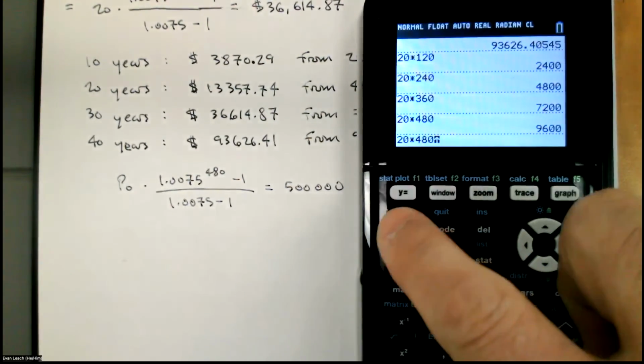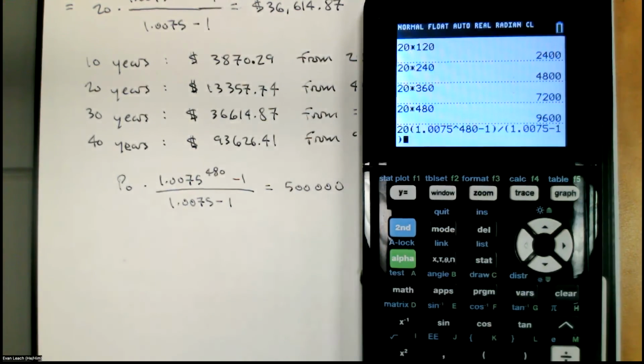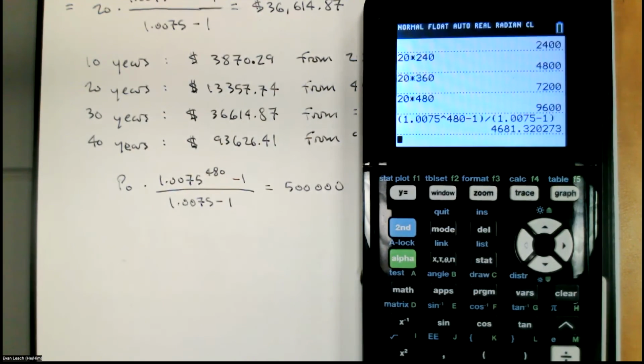So my previous calculation, if I just get rid of the 20, that's what I multiply the 20 by.